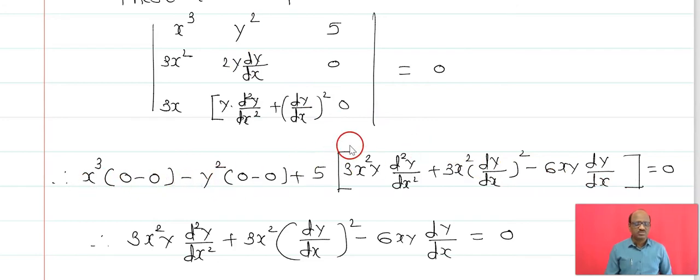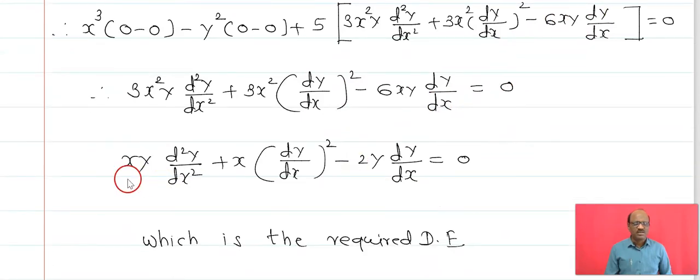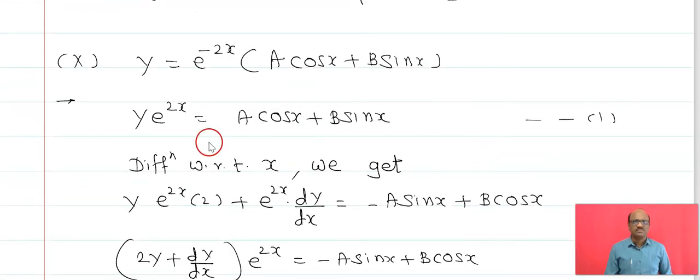Therefore, these two terms will be 0. Overall, we get 3x square y into d2y by dx square plus 3x square (dy by dx) whole square minus 6xy into dy by dx equals 0. Therefore, xy into d2y by dx square plus x into (dy by dx) whole square minus 2y into dy by dx equals 0, which is the required differential equation.